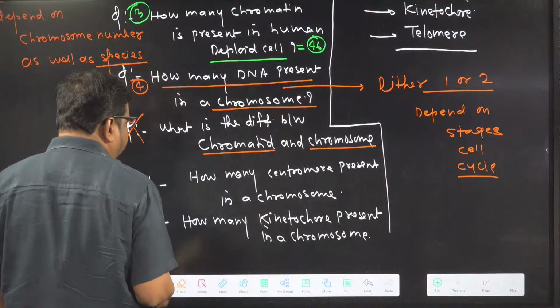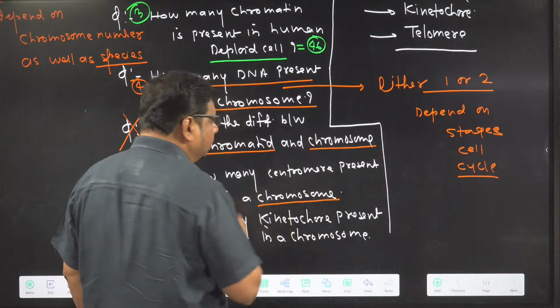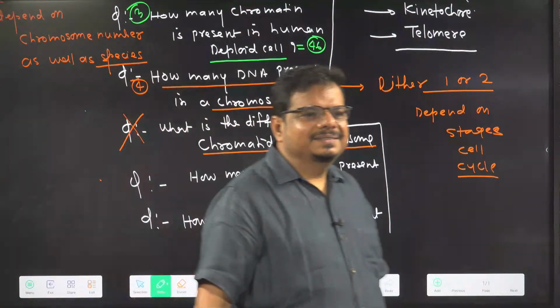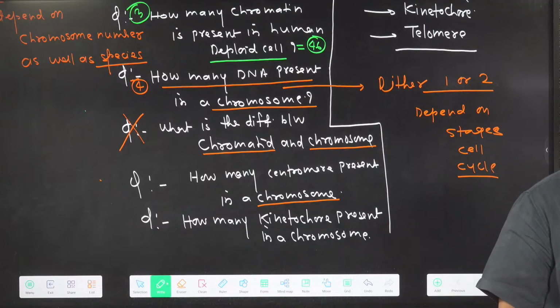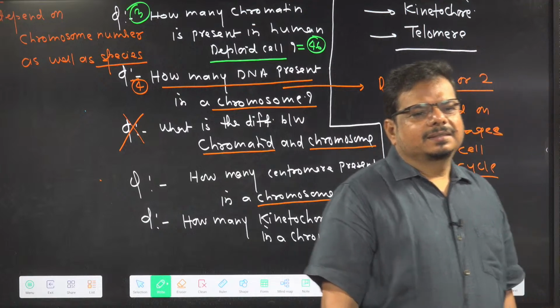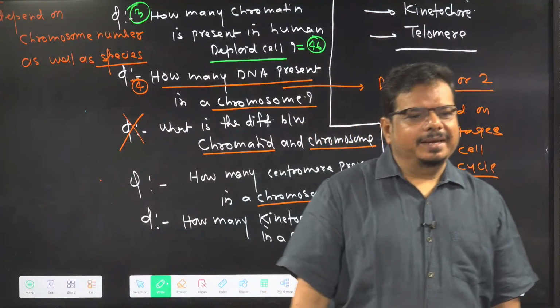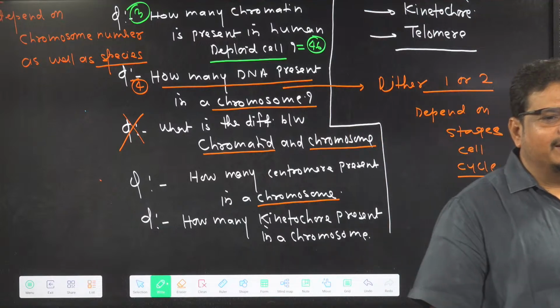You can say in one word, how many centromeres are present in a chromosome? Here you are definitely giving a very impressive answer. Very good, well done.